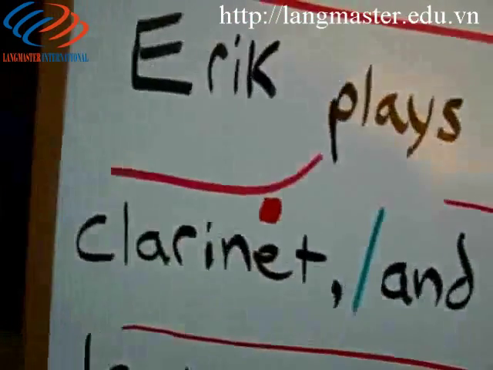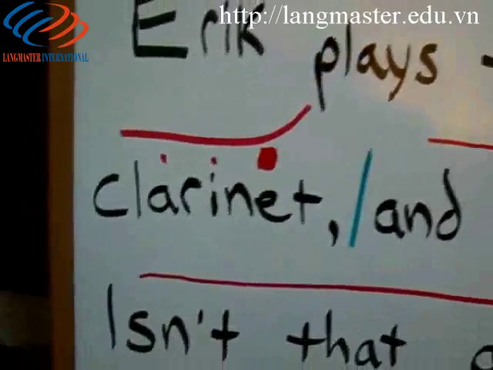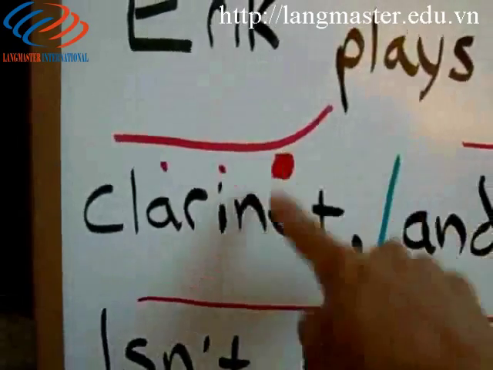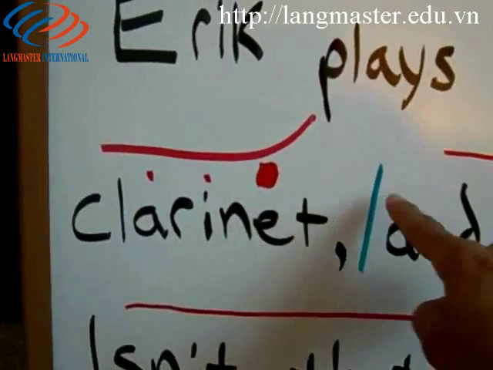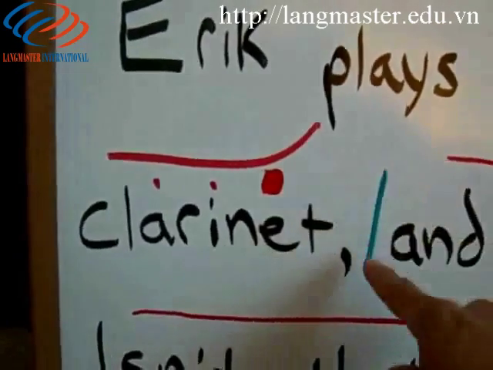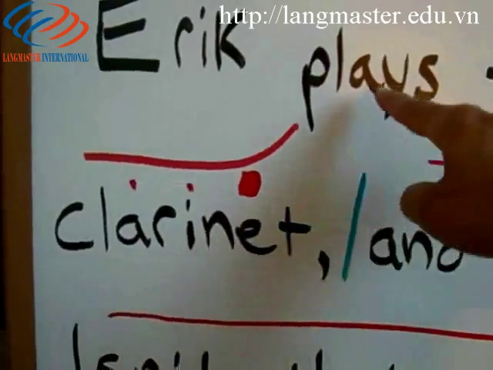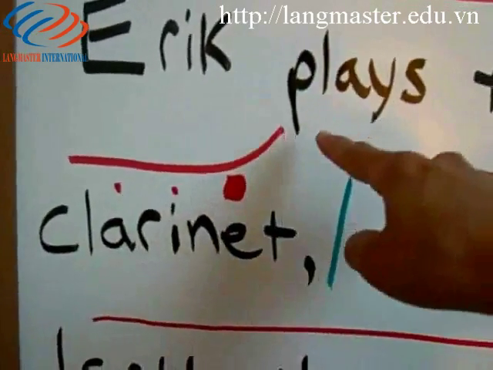Clarinet has 3 syllables, clarinet, but it's the final syllable that is stressed, and there's a pause right after, which means there's nothing following. We have to use 1 syllable to make our voice glide up. Clarinet.